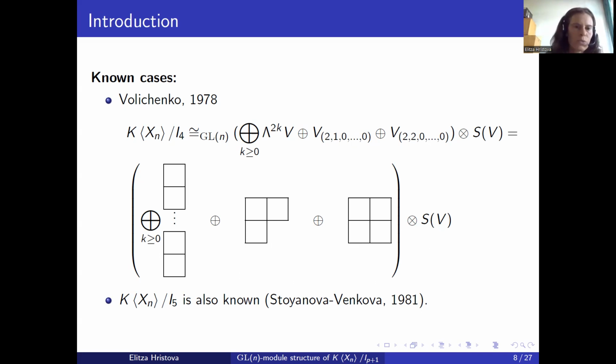So in this case, we see that this decomposition is no longer multiplicity free as the previous ones, but it still is known. And k of x_n mod I5 is also known, but already too complicated to be written down in one slide.